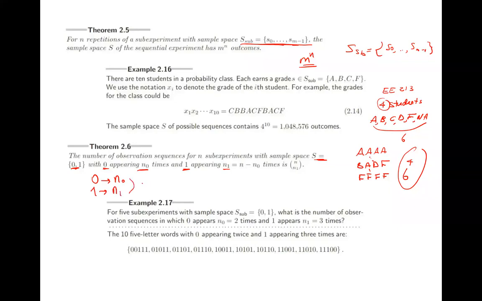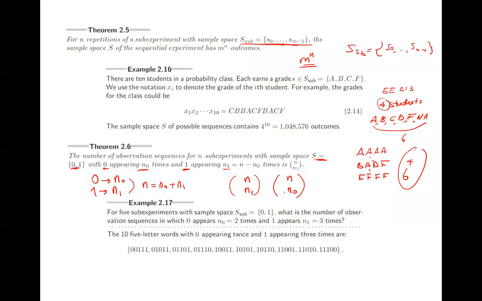So the total number of experiments is n, which is n0 plus n1. Okay, so the number of observation sequences here could be n choose n1, or n choose n0.